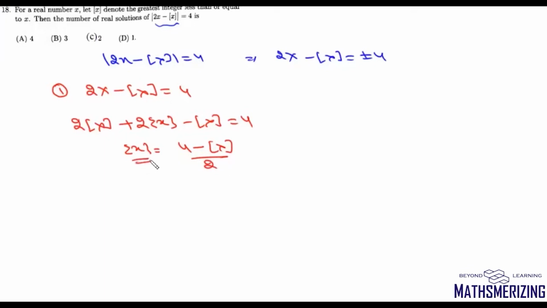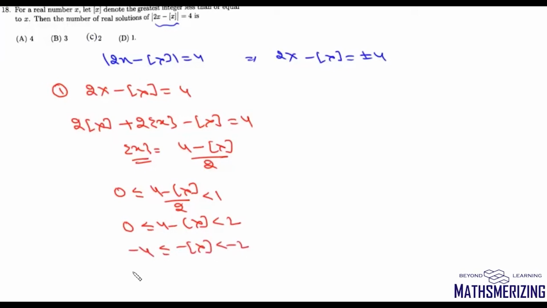Now we know that the fractional part function always lies between 0 and 1. So we'll write 0, less than or equal to 4 minus greatest integer function of x upon 2, less than 1. So it will be 0 and then 4 minus greatest integer function of x is less than 2. We'll get minus 4, and then greatest integer function of x minus 2. So greatest integer function of x should be greater than 2 but less than or equal to 4.